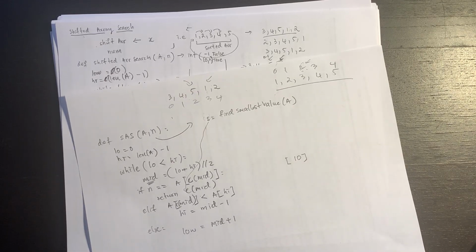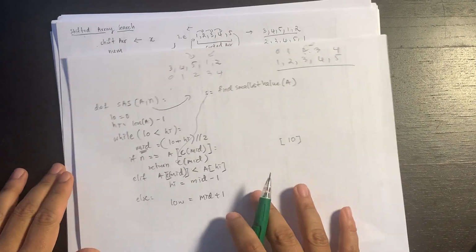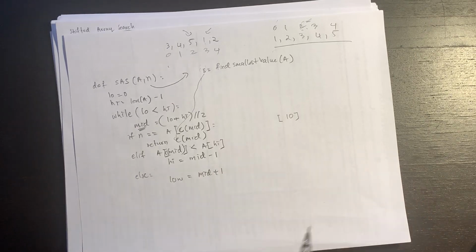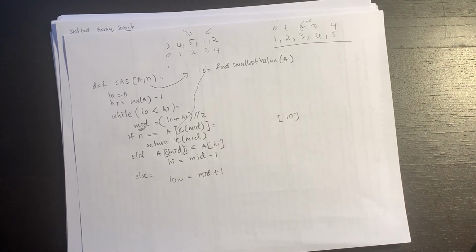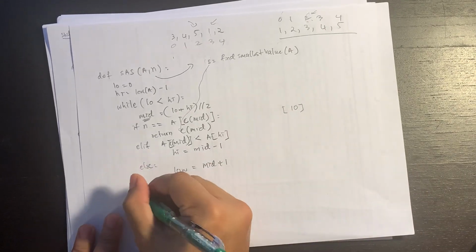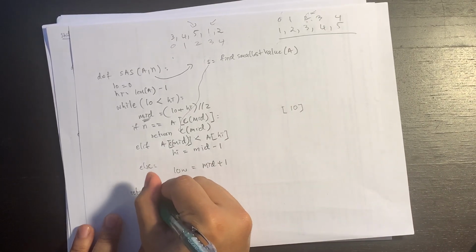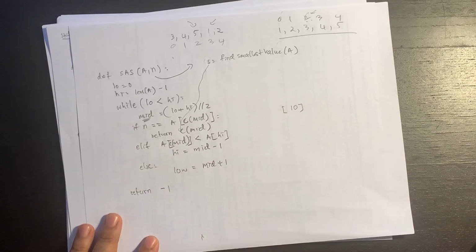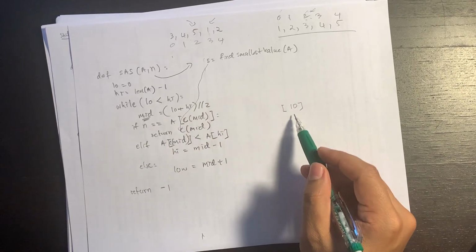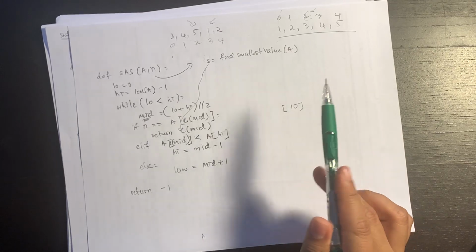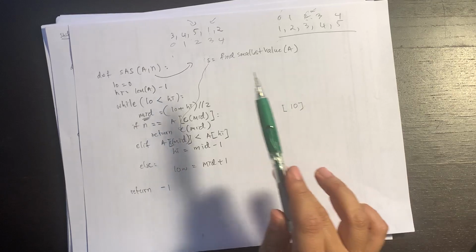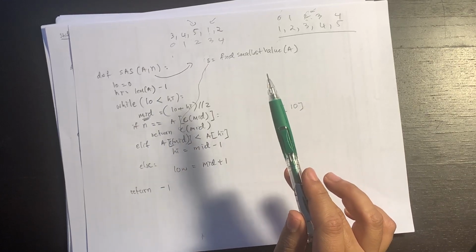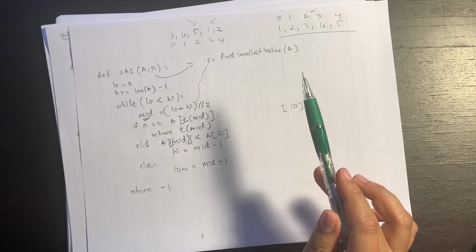But I wonder where the edge case of this would be. In the case that we couldn't find the value, we want to return -1. So in the case that we have just one element, this would be 0.